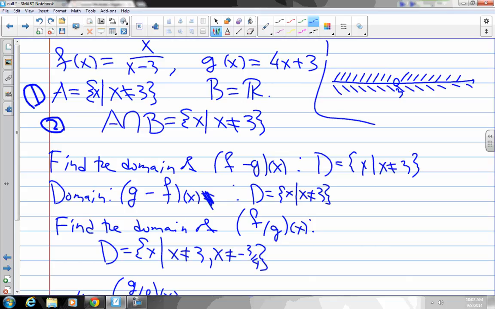The top would be all x's except for 3, while the bottom is all real numbers. So where do they overlap? They overlap almost everywhere except for this part. That's where they don't overlap. So this is why the intersection is just everything but 3. Is that okay?